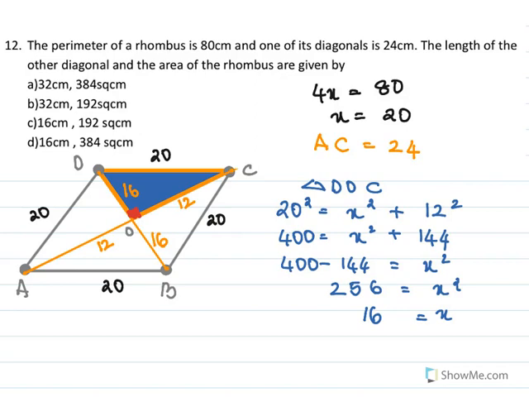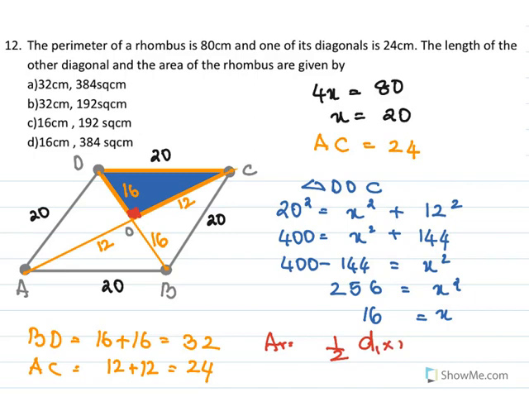So the diagonals of this rhombus, we have two diagonals. One is BD, which is 16 plus 16, that is 32. And the other diagonal is AC, which is 12 plus 12 equal to 24. Now to find the area of the rhombus, half D1 into D2.